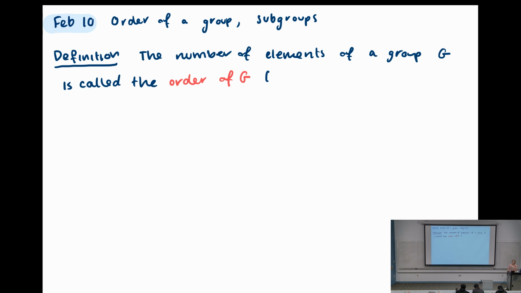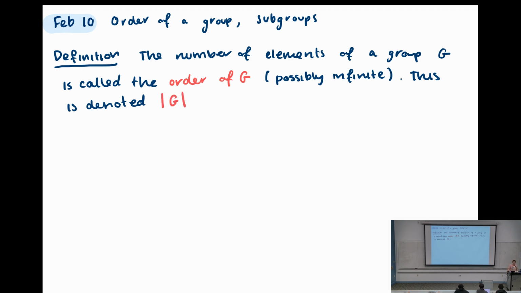If the group has infinitely many elements, you would just say the group has infinite order. So this is possibly infinite. And it's denoted as follows: just a line, then G, and then another line. Okay, so this is just like the size of a set.